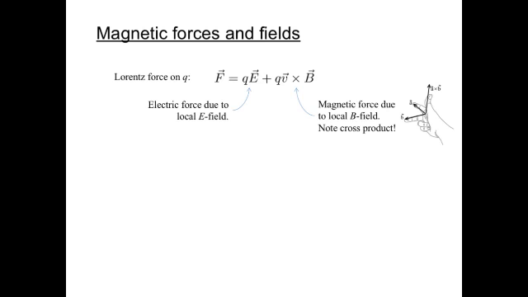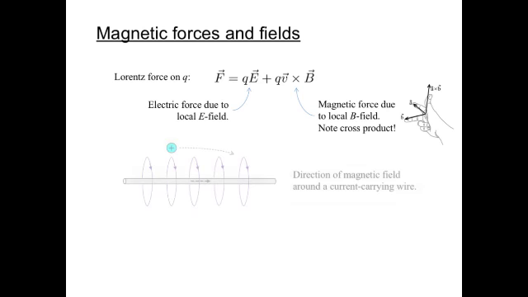The magnetic force involves a cross product between the velocity and the magnetic field, and we know how to figure out the direction of that cross product by the right-hand rule.